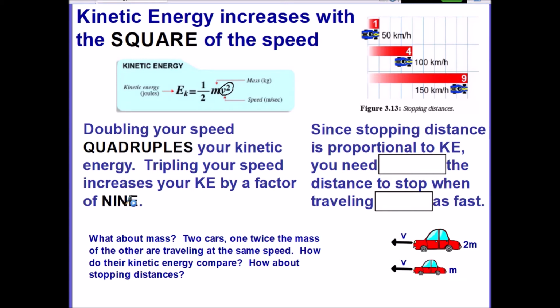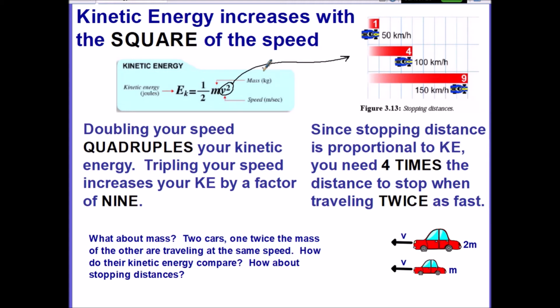Over here we have this graphic showing stopping distances in relation to the speed. Since stopping distance is proportional to KE, you're going to need 4 times the distance to stop when you're traveling twice as fast. Similarly, you would need 9 times the distance to stop if you're traveling 3 times as fast. Again, we go back to the dependency on speed squared.